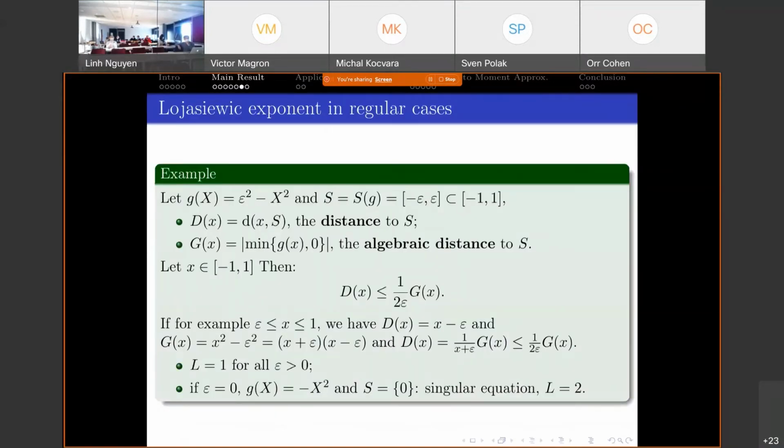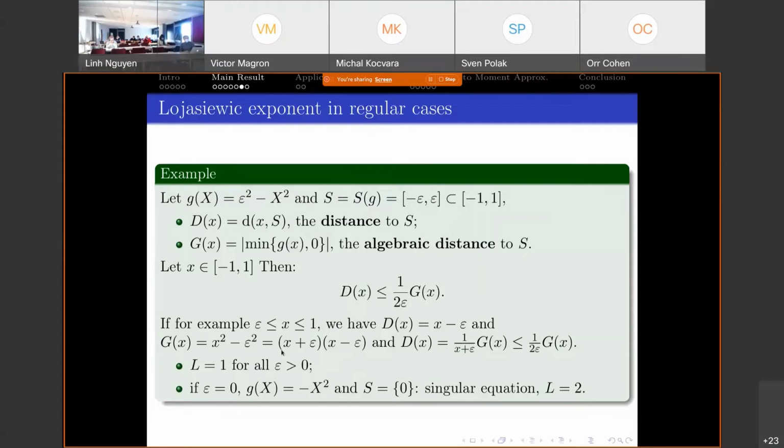So as I said, this example came out in a discussion with Adam Paruzinski. If you consider this simple univariate example, you have an interval included in [-1, 1], defined by the natural description, epsilon squared minus x squared. In this case, it's very easy to show that d of x is greater than or equal to 1 over 2 epsilon times the algebraic distance.